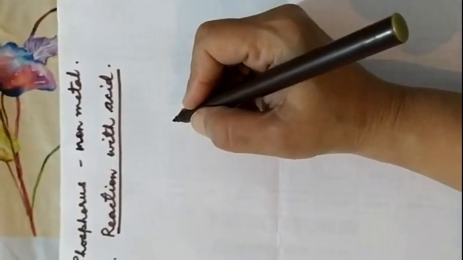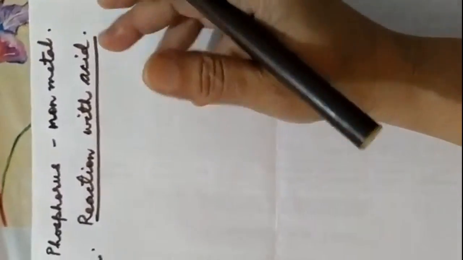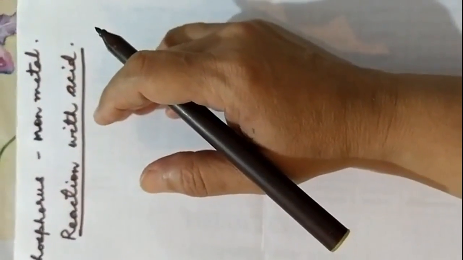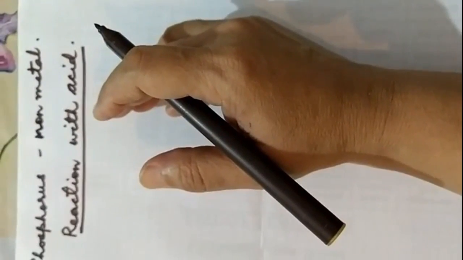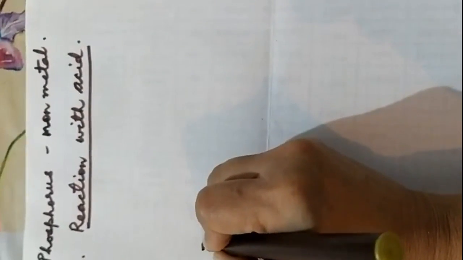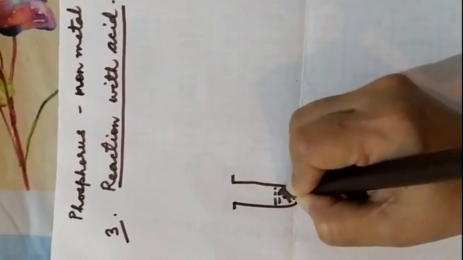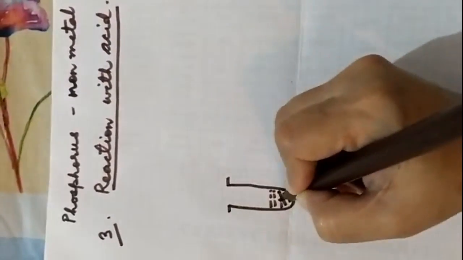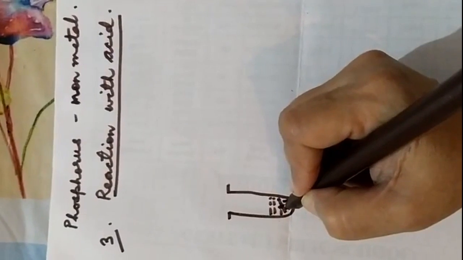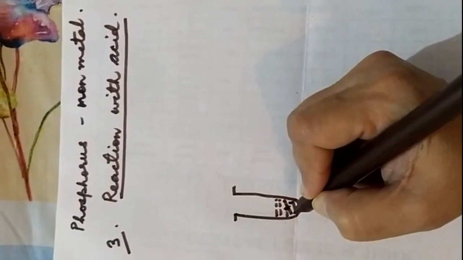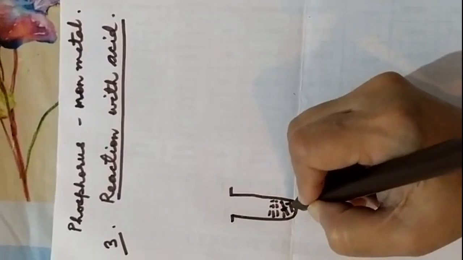In order to perform this experiment, we will take some clean iron nails and put them in a test tube. After that, we will add some dilute hydrochloric acid into it.